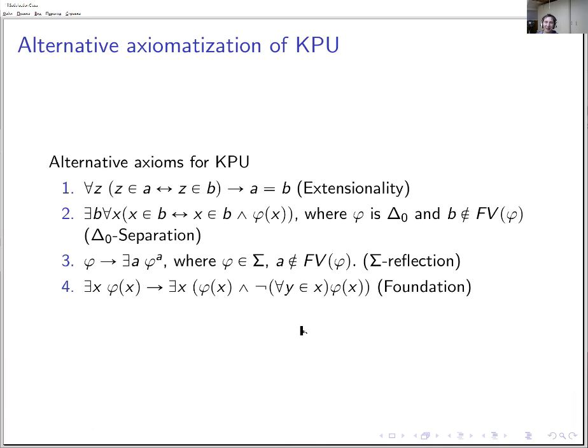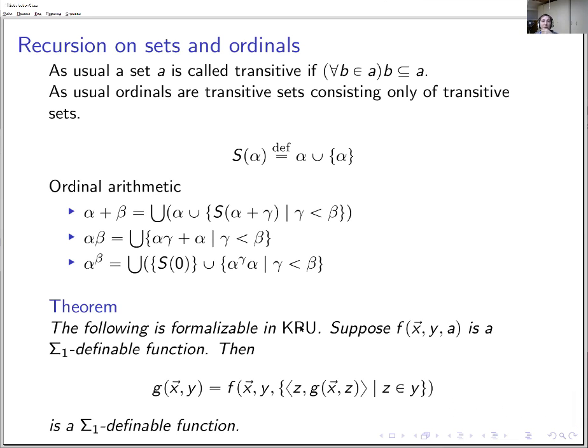The trick is that by using sigma reflection, it's possible to prove both the axiom of pairing and the axiom of union, and of course the axiom of collection. It's fairly easy, so people who are interested could do it as an exercise.